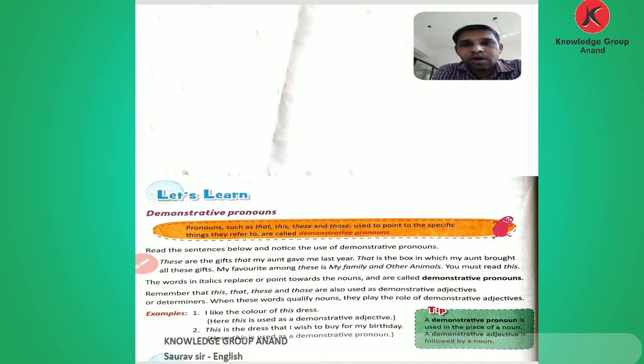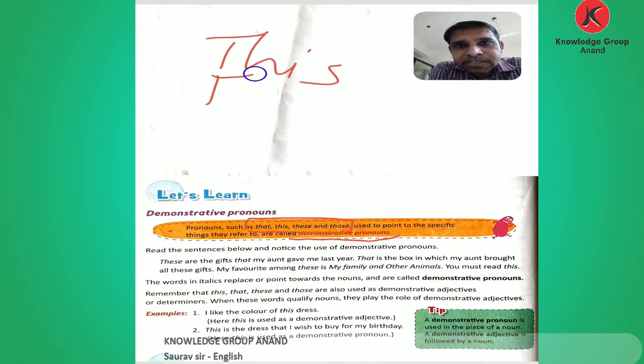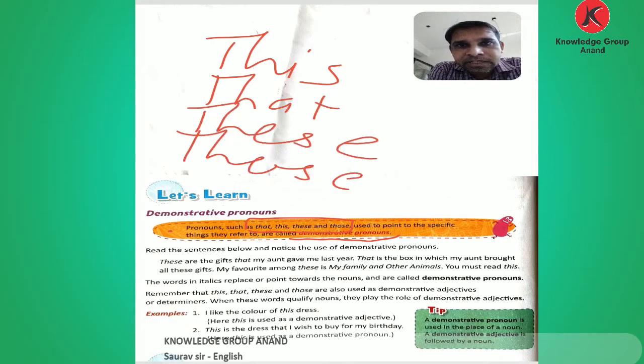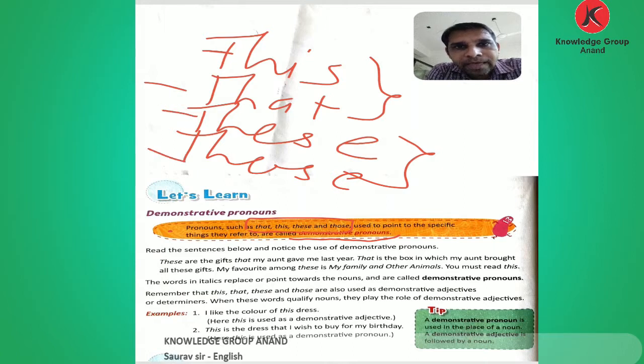So what is a demonstrative pronoun? See here, the definition: pronouns such as this, that, these and those, used to point to the specific things they refer to, are called demonstrative pronouns. This and that are singular, and these and those we use as plural.